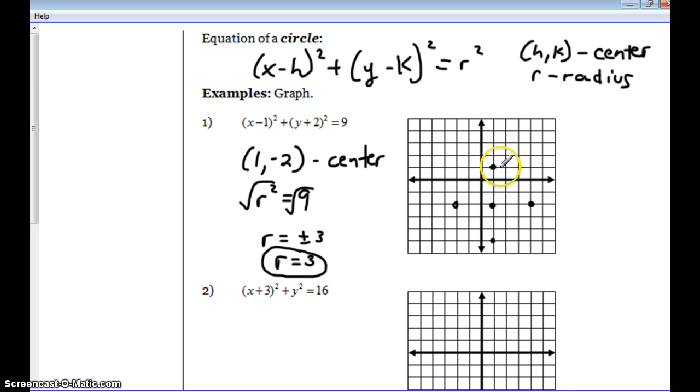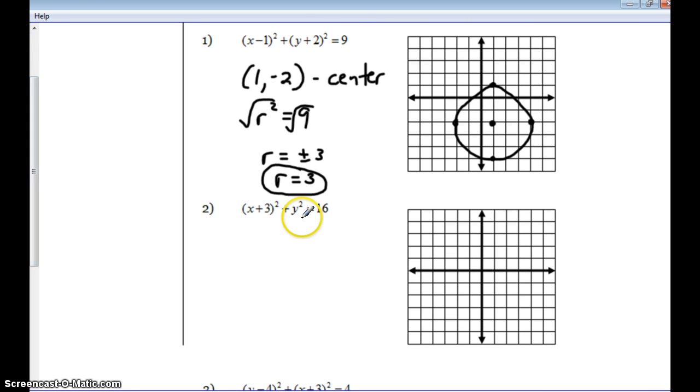Some of you are going to be more artistic than others, so just do your best as you draw your circle. Okay, so there's example 1 for how to graph a circle.